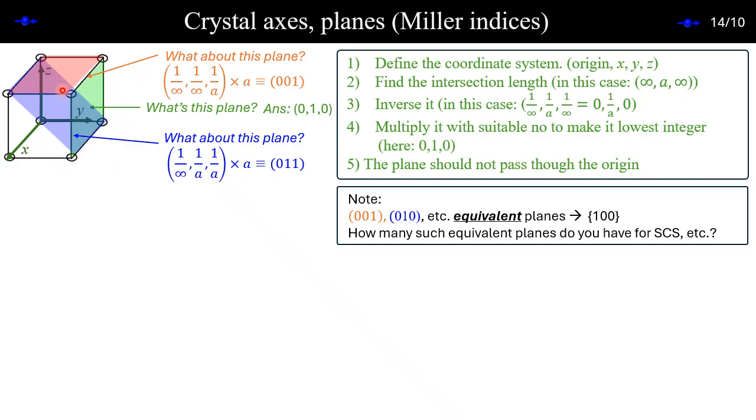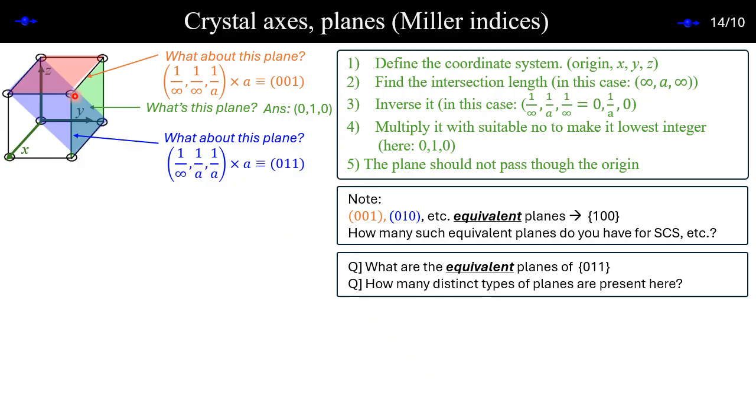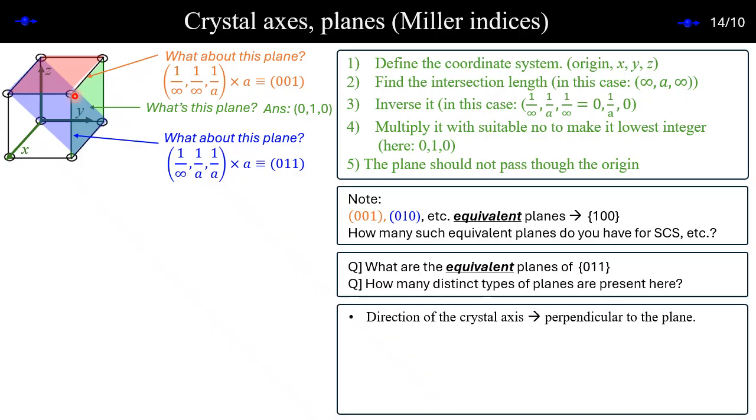So how many equivalent planes do you have for this case? Sir, how do we decide a suitable number? You multiply by generally multiples of a. But if you say 0, 2, 2, it is the same as 0, 1, 1. If you say 0, 3, 3, same as 0, 1, 1. Better to say 0, 1, 1.